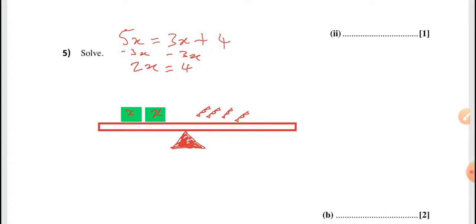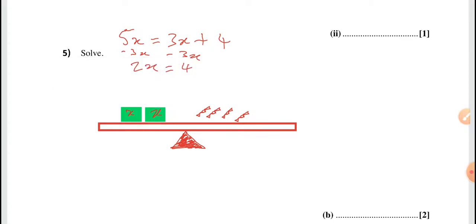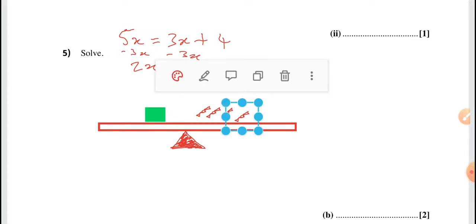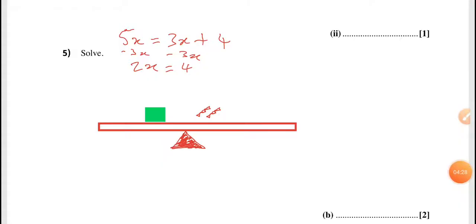Now all we have to do is just halve what we have on both sides. So we can get rid of 1 lot of x from the left, so that's halving it. So we have to take half the sweets away as well. So by halving it, we now know that x is equal to 2. So we divide by 2 on the left hand side, we divide by 2 on the right hand side. So x is equal to 2.